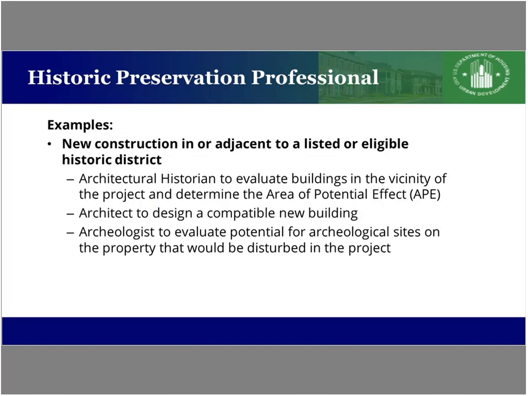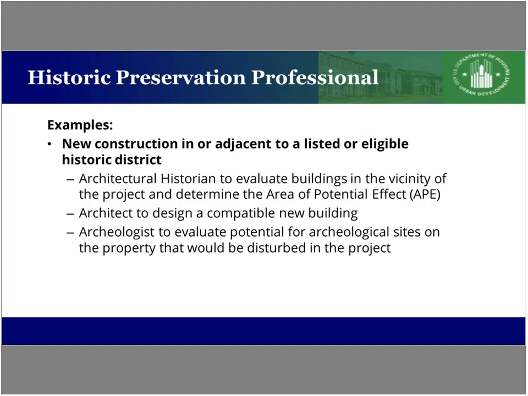Another example, new construction in or adjacent to a listed or eligible historic district might require a qualified professional. So in this scenario, an architectural historian could evaluate the buildings in the vicinity of the project and determine the area of potential effects, which is one of the requirements in the documentation for Section 106. An architect would likely be the one to design a compatible new building.